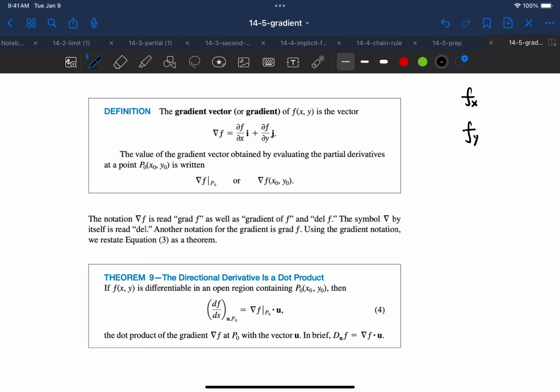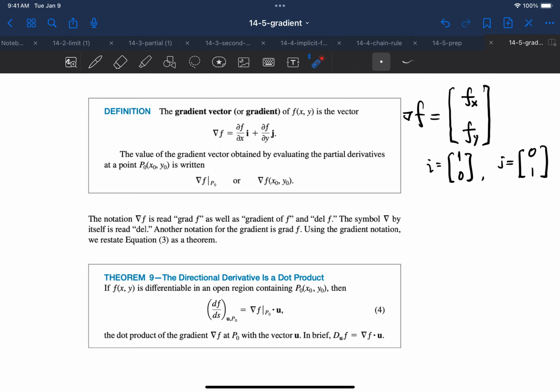If you put them together in a column, this is a two-dimensional vector, and it is called the gradient of f. Or you can write it using the special vectors i and j, where i stands for (1, 0) and j is (0, 1), which is equivalent.